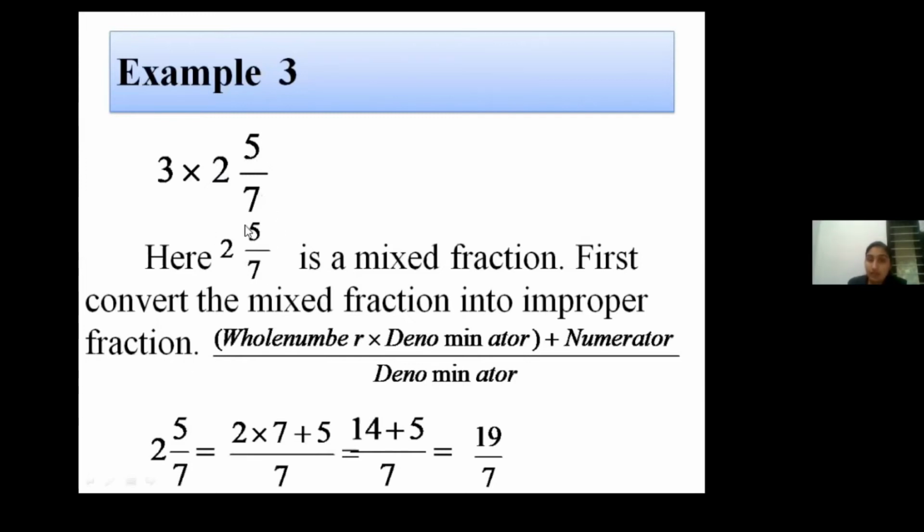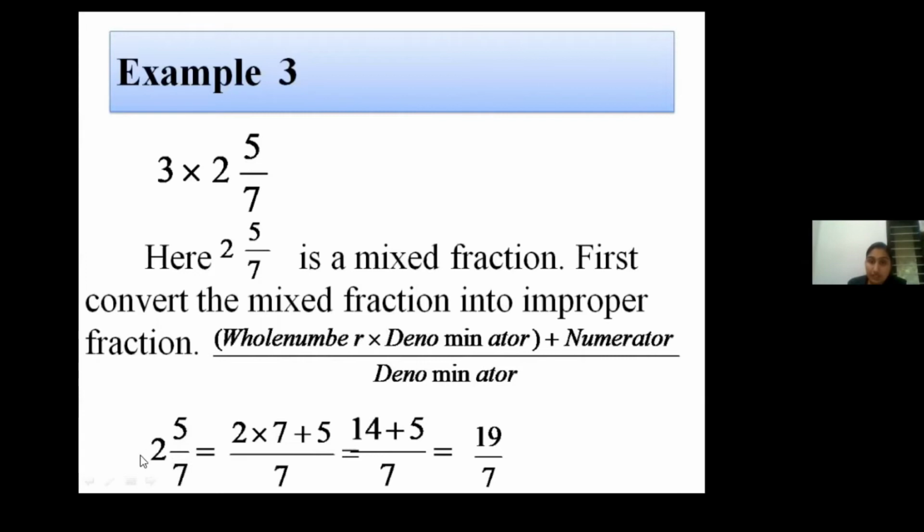For converting the mixed fraction into an improper fraction, we have one formula: whole number into denominator plus numerator, by denominator. First we multiply the whole number with the denominator, then add this product to the numerator, then divide by the denominator.